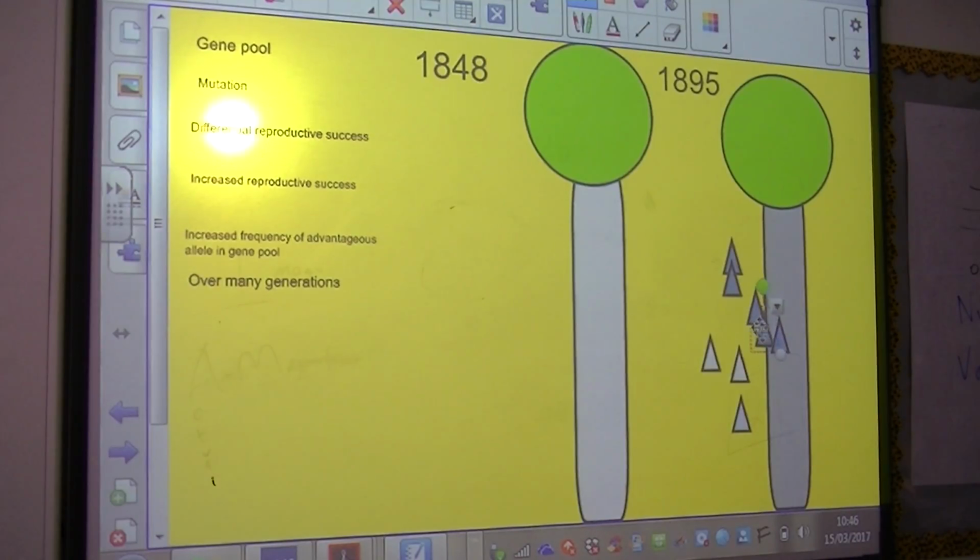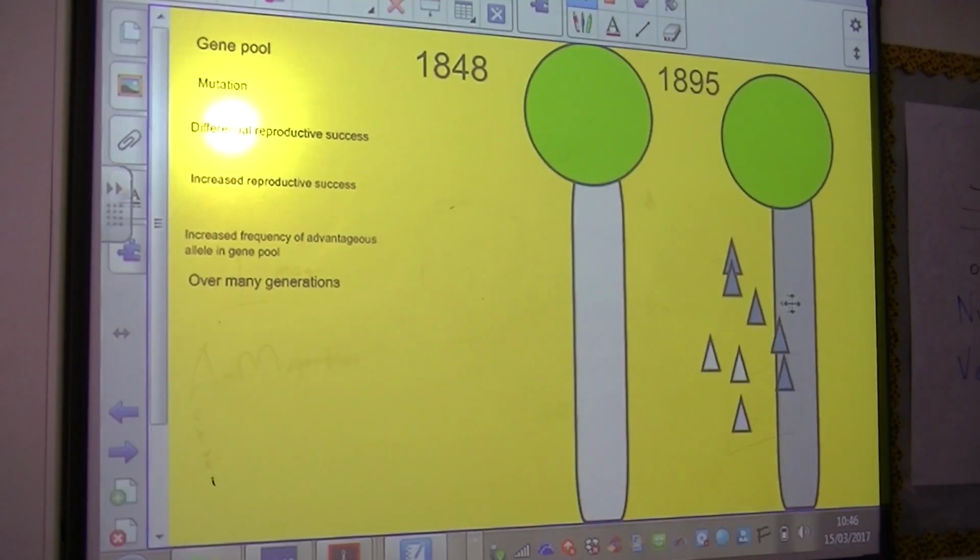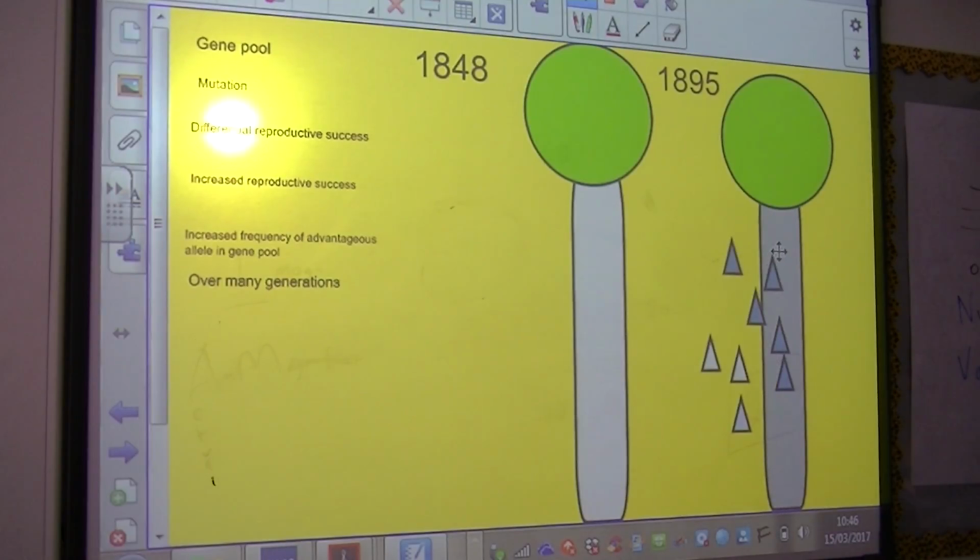And over many generations, due to the changing environmental conditions, we have, and a final phrase, an increased frequency of advantageous alleles in the gene pool. And that is natural selection, with new words, or improved words.